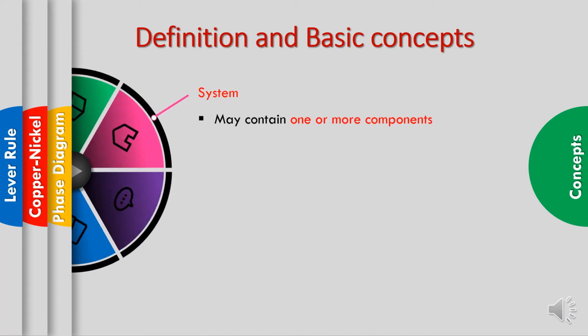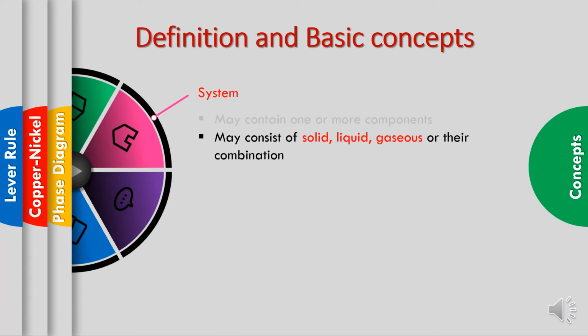And then a system may contain one or more components, and may consist of solid, liquid, gases, or their combination. It may be a combination.